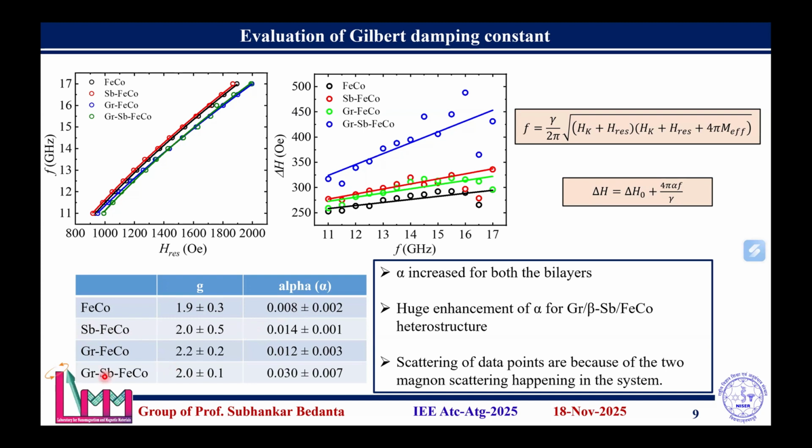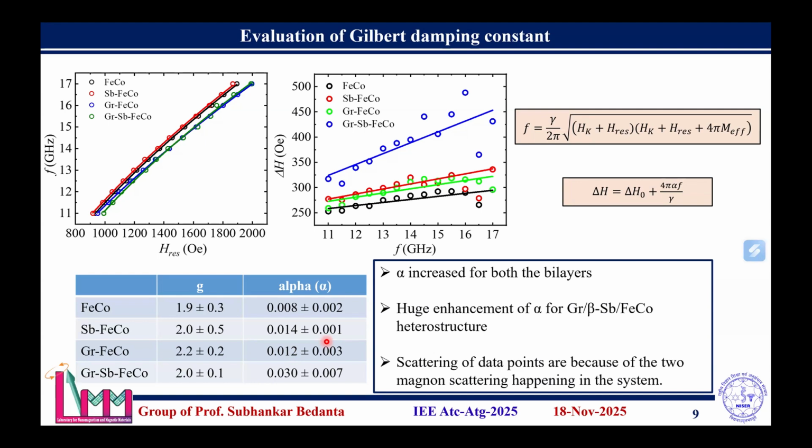Now with the main sample, that is the graphene and beta antimony interface, we see that the alpha value has increased significantly, from 0.008 to 0.030. So which is quite large. This is expected because we have predicted that the beta antimony and FeCo will have a high spin orbit coupling strength interface, and that can lead to a better spin sink as compared to the others.